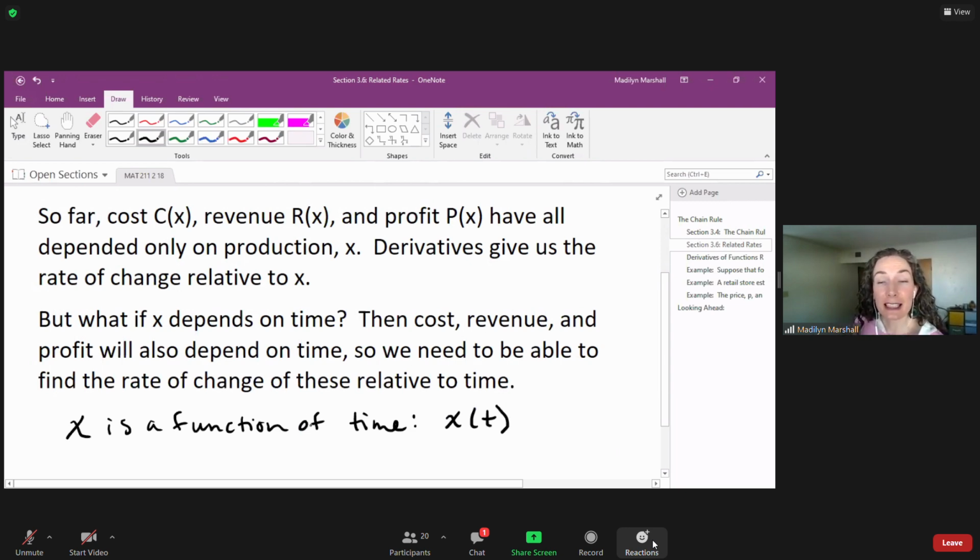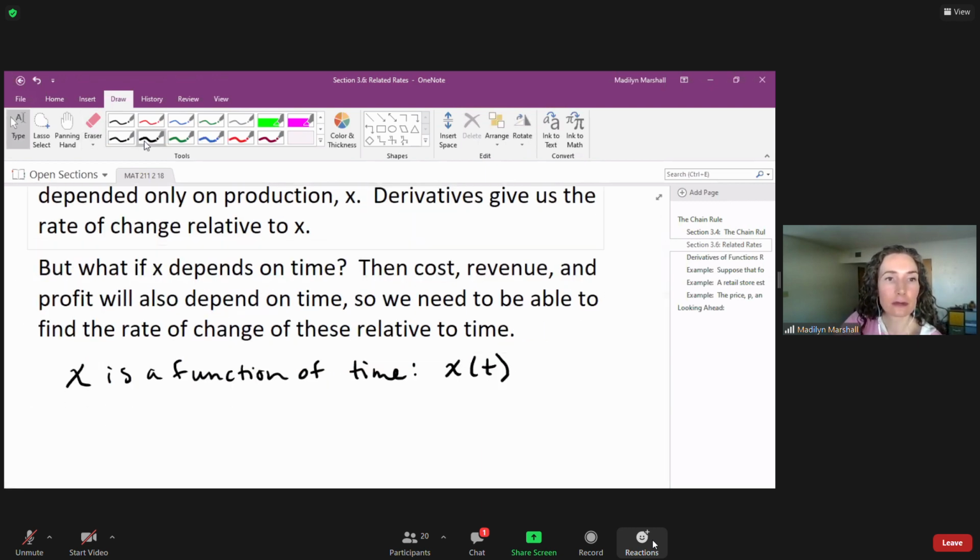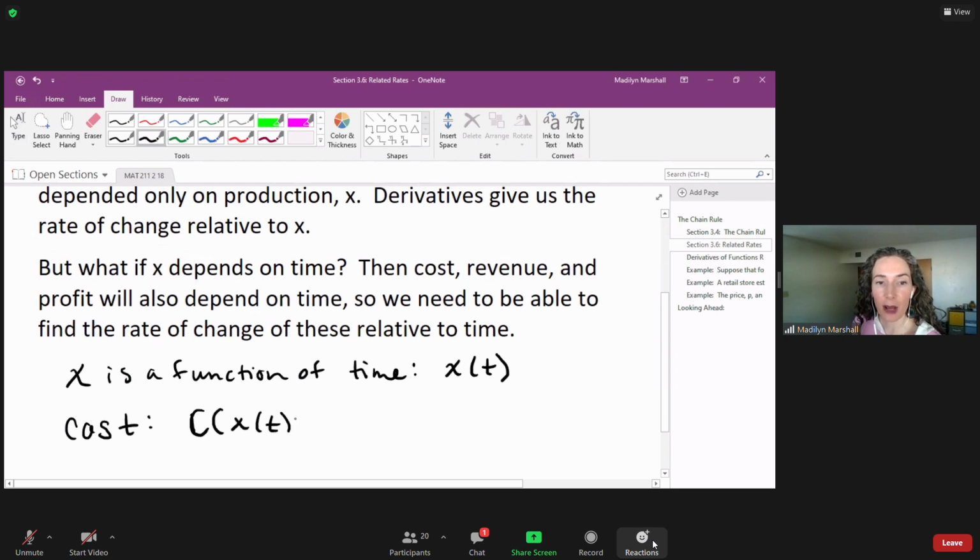So if X, which is our production, is a function of time, that means it is X of t. It's its own function, which means that cost and revenue and profit are now composite functions.